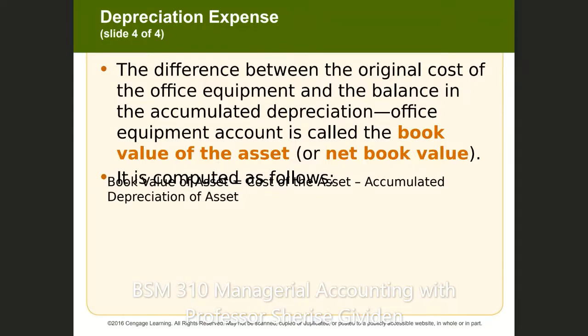So we bought something, we paid $10,000 for it, it's on the books for $10,000. At the end of the year, we depreciated it by $1,000. So we take that accumulated depreciation of $1,000 off, and now we're left with a book value of $9,000.